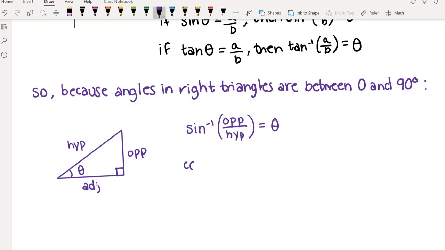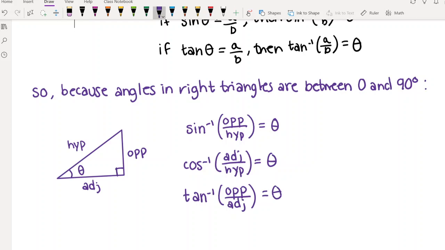And if you take inverse cosine of the adjacent side over the hypotenuse, you're going to get your angle theta. And if you take inverse tangent of the opposite side over the adjacent side, you're going to get your angle theta.